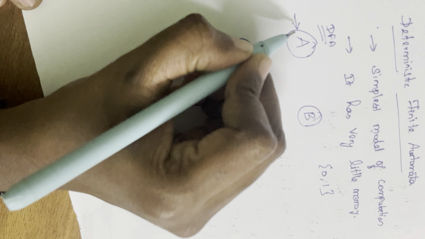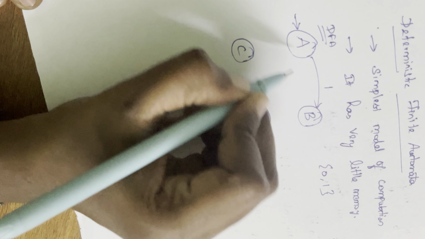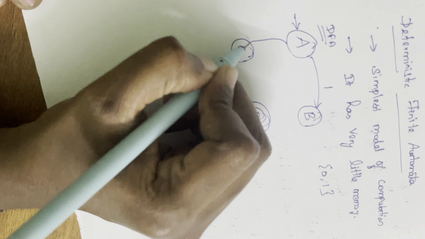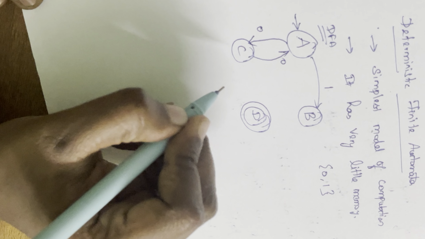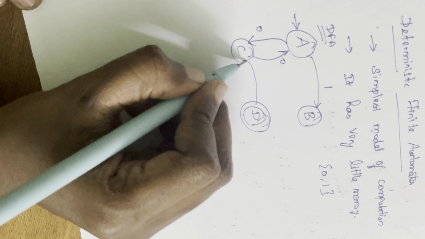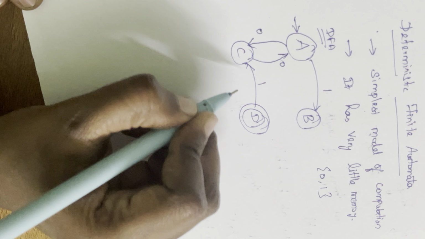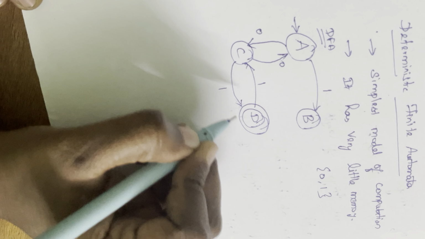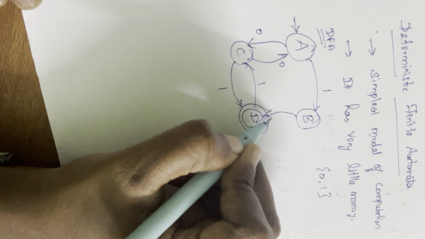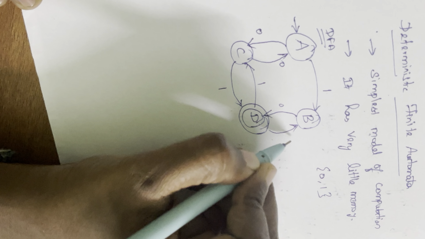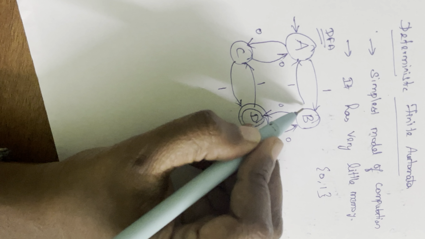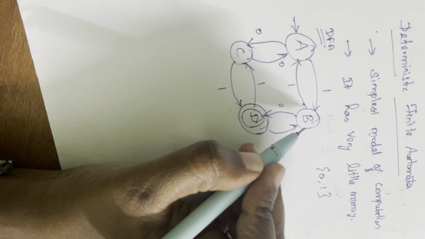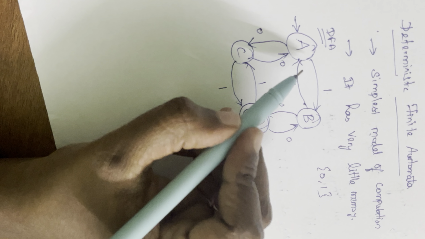Taking A as the initial state, I have a transition from A to B with input 0, A to C with input 0, and C to A with input 0, D to C with input 1, and C to D with input 1, B to D with input 0, D to B with input 0, and from B to A with input 1.